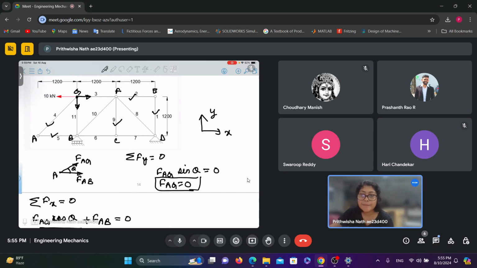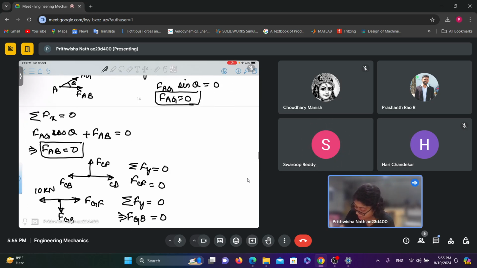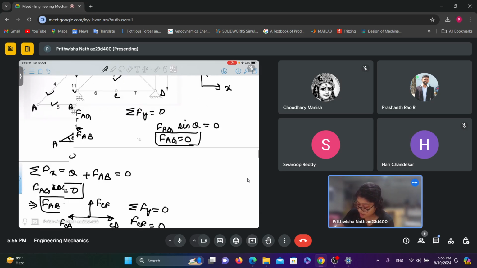Is it clear how this is becoming a zero force member? Number 11. The member is there in the truss, but this is a zero force member, right? FGA.